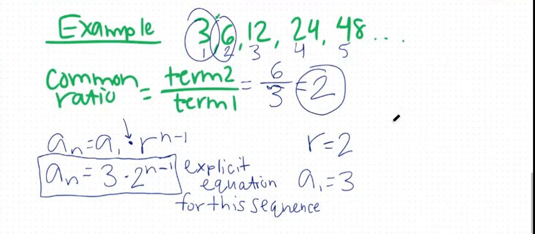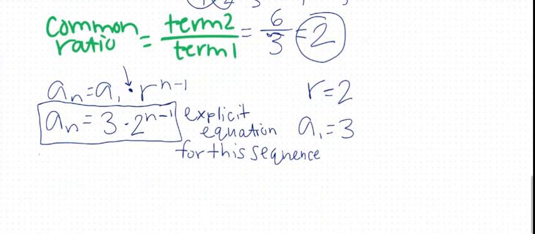So now that I have my general form, I'm going to plug in to find, let's do the 10th term in the sequence. So I'm going to make n equal to 10, because I'm finding the 10th term in the sequence.